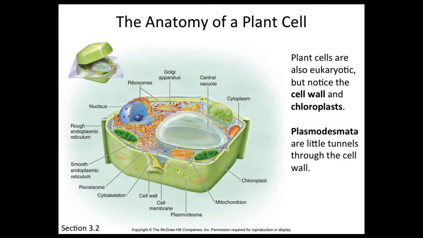Animal cells did not have these features. In addition, because there is a nice, dense cell wall around the cell, it needs to have little tunnels that allow it to communicate through that cell wall. So sure enough, plants have plasmodesmata that allow for communication and the transport of molecules through that cell wall.